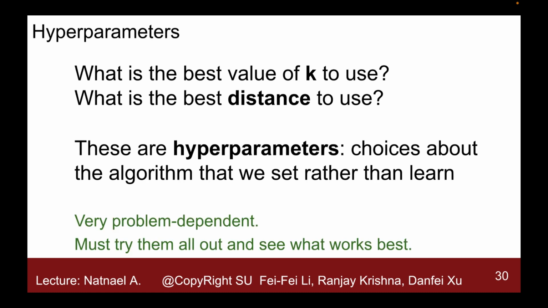So this hyperparameter tuning, like selecting the number of k's and the type of distance, is very problem dependent. So it's required to check them out and see which one works best in what condition.